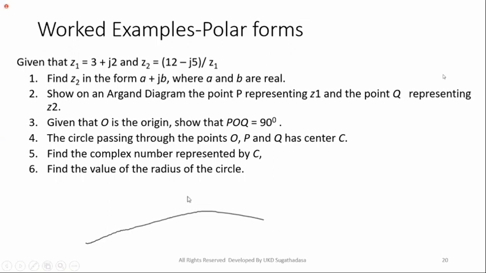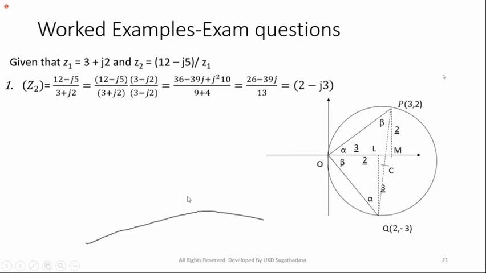Here, see. Now the second part is on the diagram. P is the point (3, 2), Q is the point (2, minus 3). If you have very basic geometry knowledge, just observe the two triangles. I think everybody follows now. OPM is one triangle. OQL is the other triangle. Can you see?